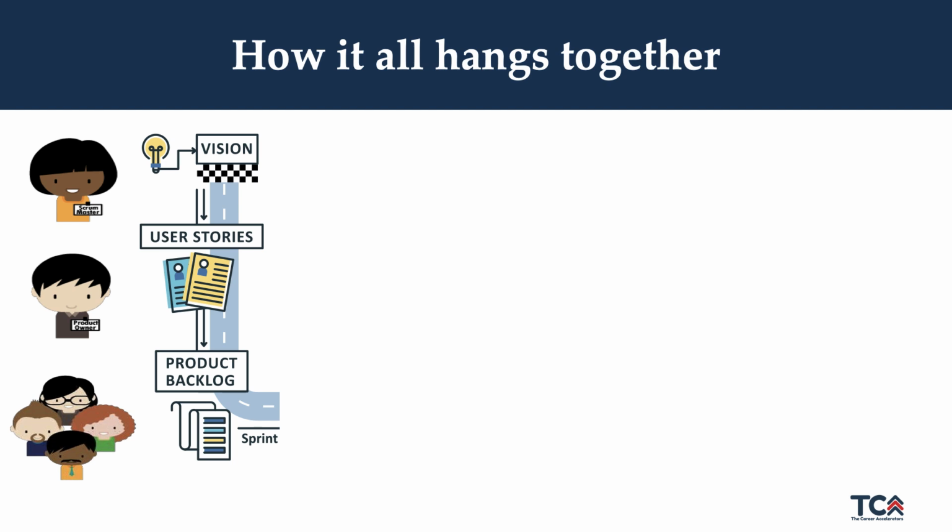All this information can be elicited through workshops, engagement with our stakeholders, interviews, document analysis, and all other requirement elicitation techniques. So we elicit our user stories, which of course have to align with the vision.